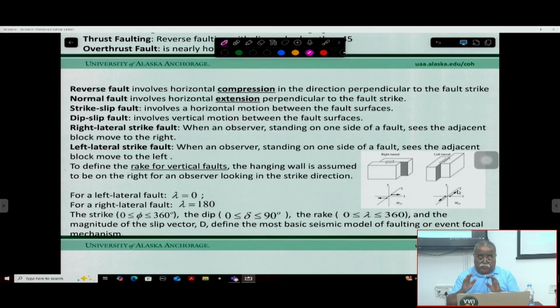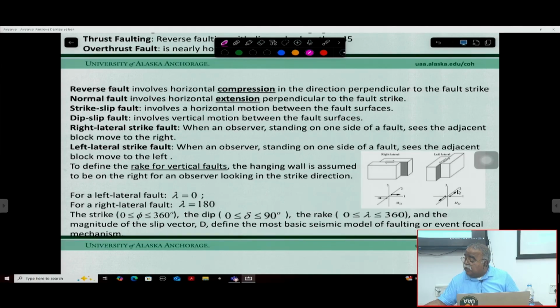If you are standing on the footwall and the other block moves to your right, then it is called right lateral. And if it moves to the left, then it's left lateral. So this is the strike slip, and there are two types: left lateral and right lateral.